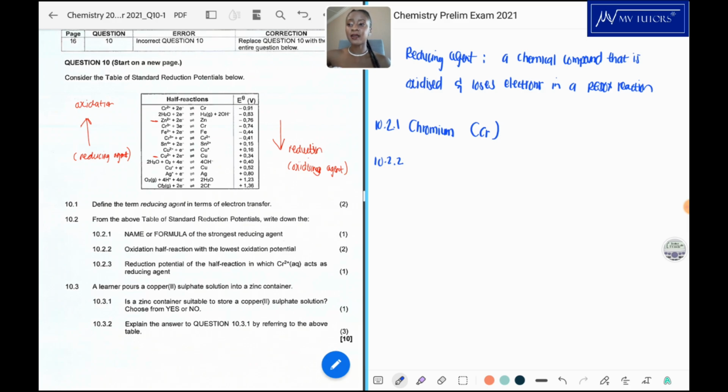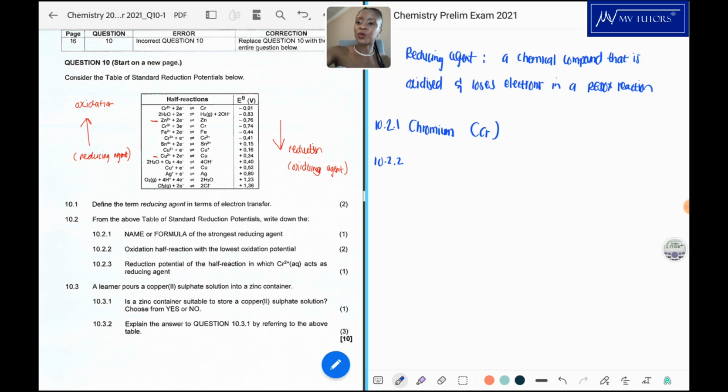So what are they saying? Write down the oxidation half reaction with the lowest oxidation potential. That would have to be chlorine. Because it has the lowest oxidation potential, the way it is written there, you're going to have to swap it around, because it has the highest reduction potential.